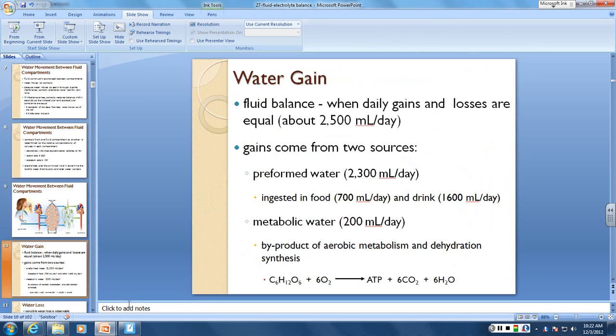Now, let me ask you all something. You all heard of water intoxication? What is that? So you drink too much water too rapidly, and you can be drunk, or you can die.